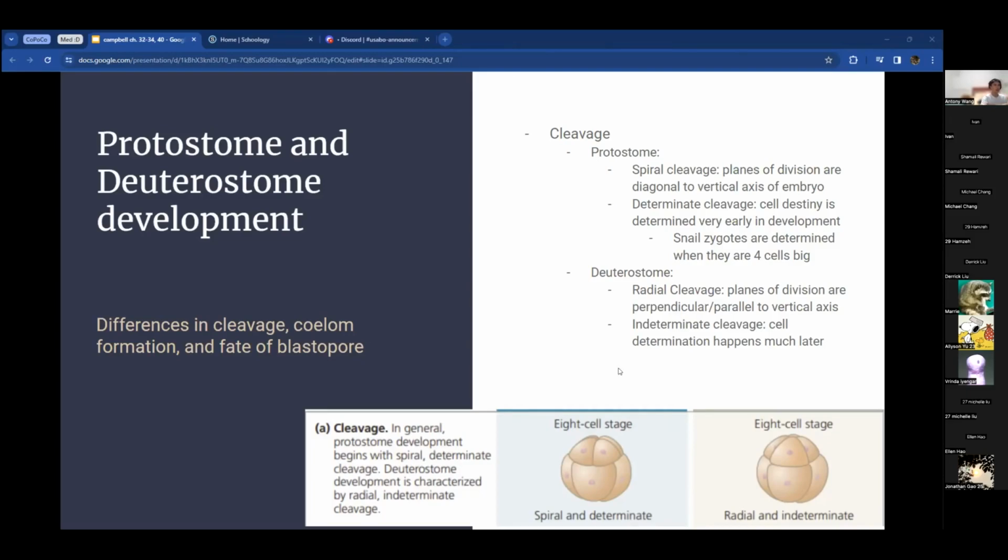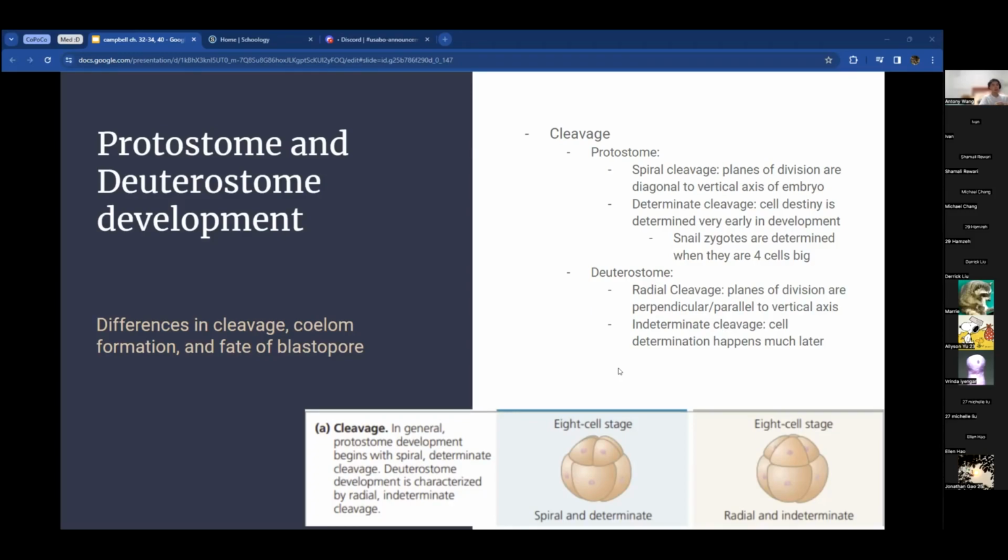These protostomes are generally determinate. They undergo determinate cleavage. What that basically means is that a cell's destiny is determined very early in development. In an embryo, all embryonic cells start off as stem cells. They're totipotent, which means they can turn into any cell within the embryonic and adult forms of the organism.